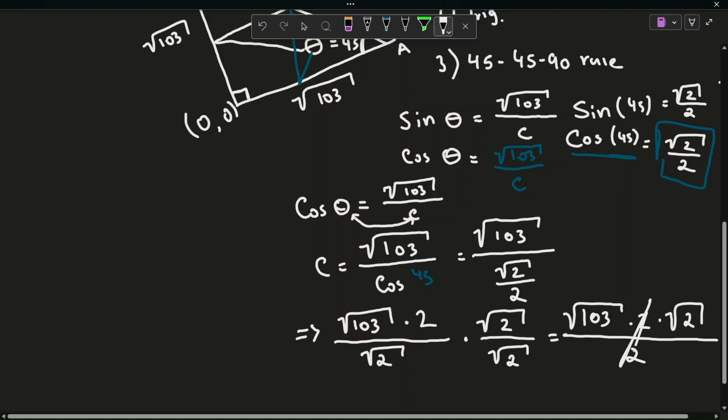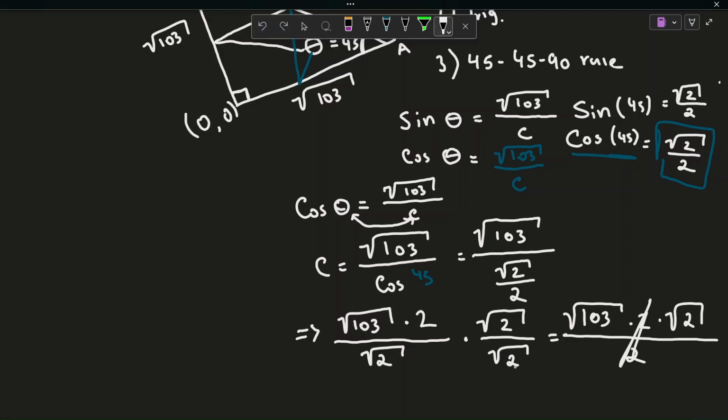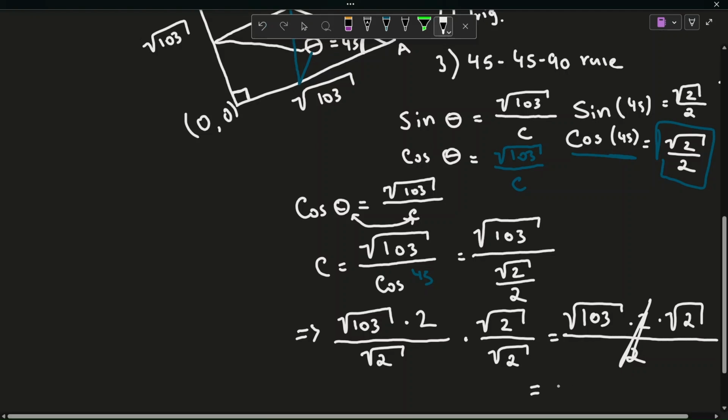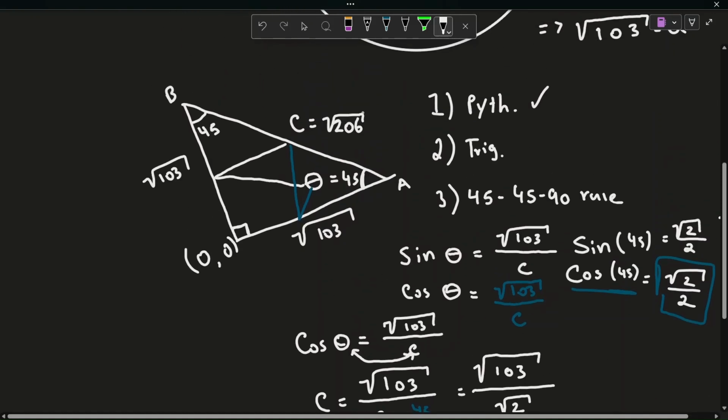And here we can just cross out the 2's. Sorry about that. So we can just cross out the 2's, and it's going to give us the square root of 206. And once again, we landed at the same answer using trigonometry, which is c is equal to square root of 206.